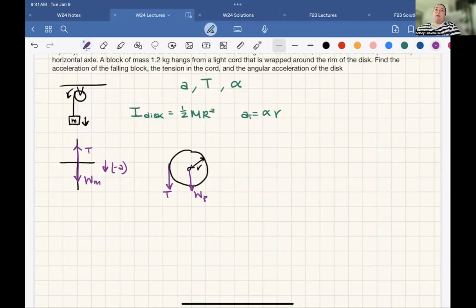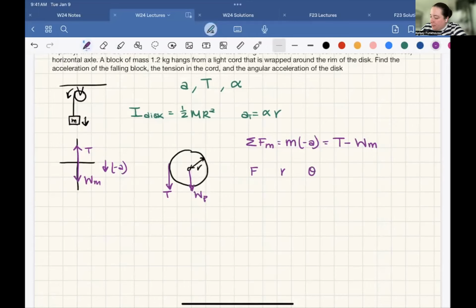Okay, so now for the net torque. Think for a second. Maybe actually I'll do the net force first. So the sum of forces on the mass is its mass times negative acceleration because it's going down. And then that equals the tension minus the weight. Now I'm still gonna do the table just because I want you to be doing it for torque, but there's actually only one torque on the system.